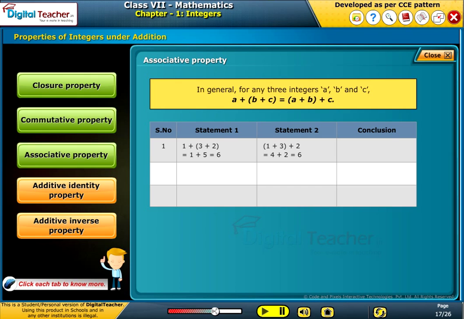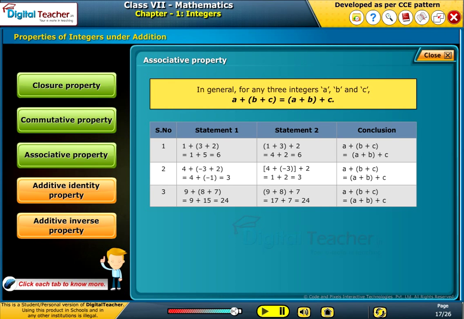And it concludes that a plus of b plus c is equal to a plus b plus c. Same for the second and the third statements as shown in the table. Therefore, the above table follows associative property under addition.